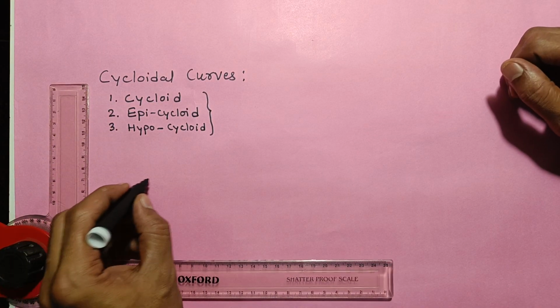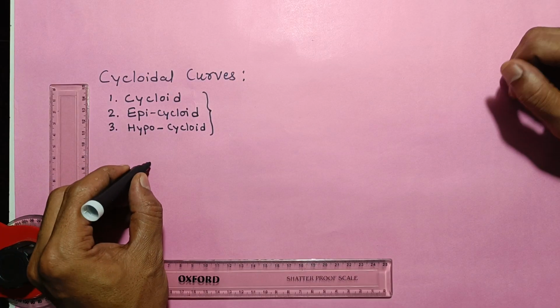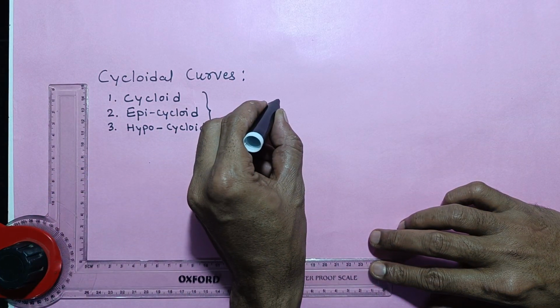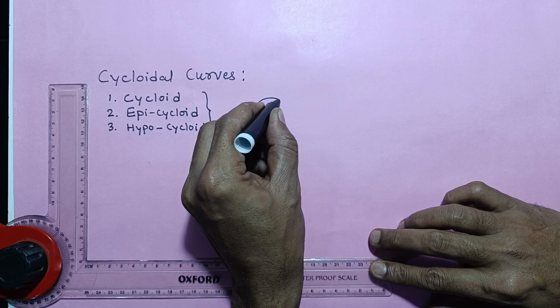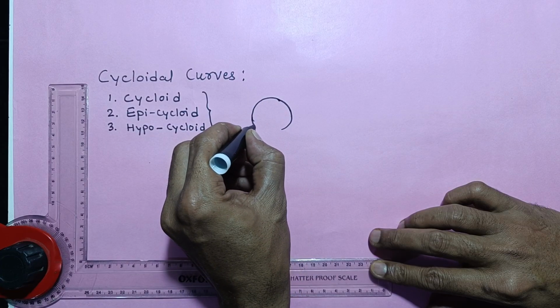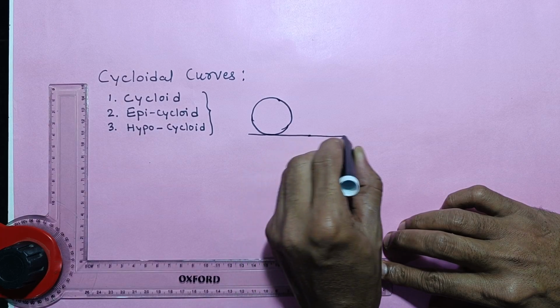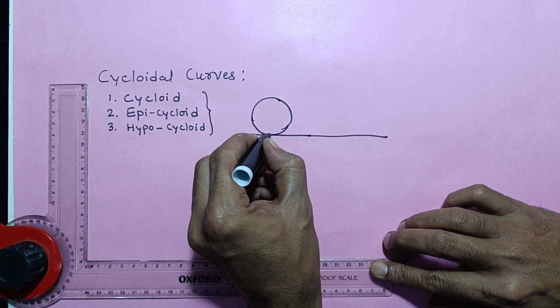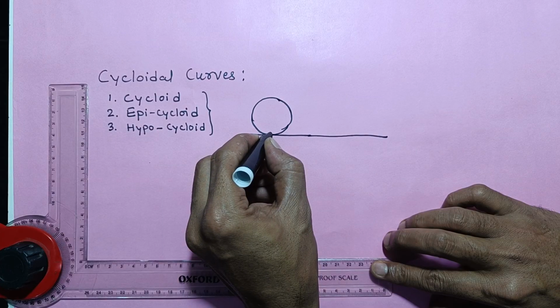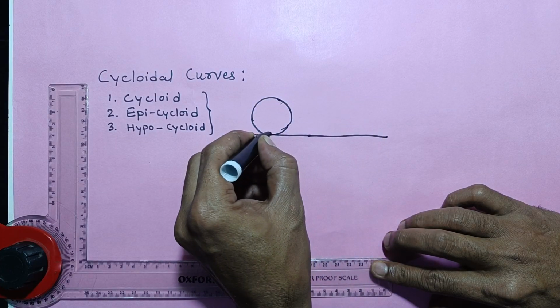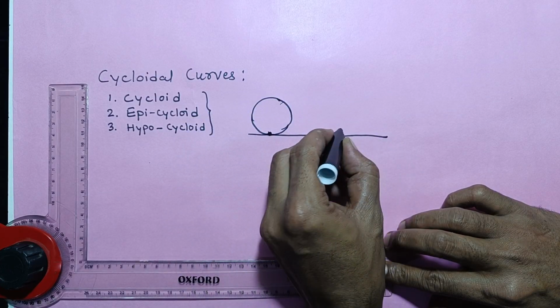So cycloid is one having a generating circle. For example, if there is a wheel rolling on a road, if you fix one point, how that point will be traced while it is rolling on a straight line.